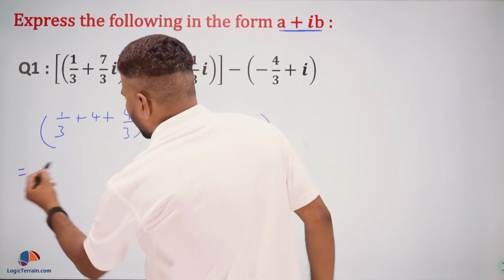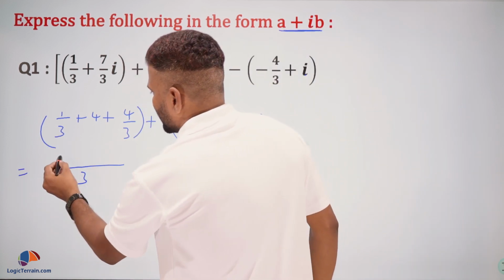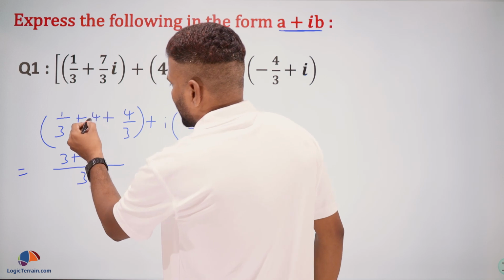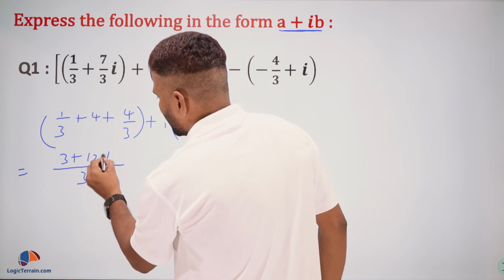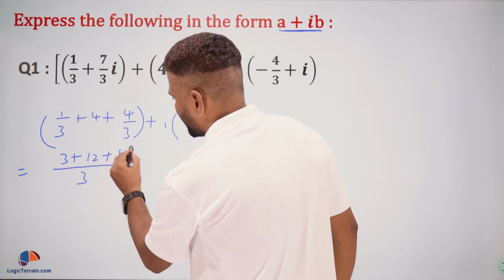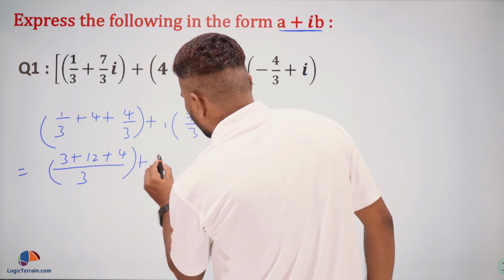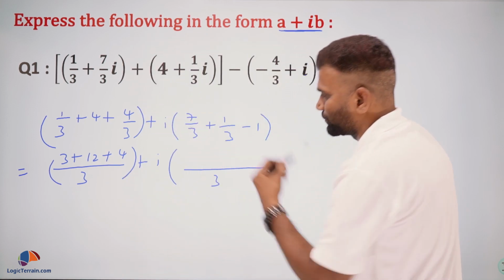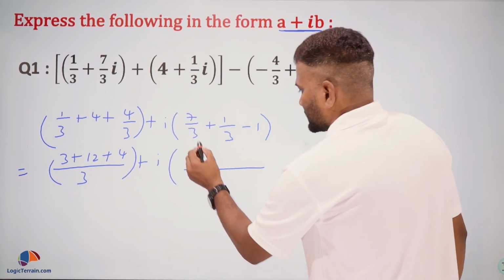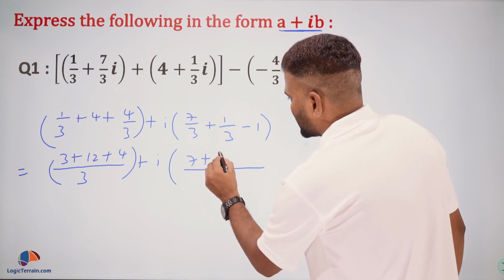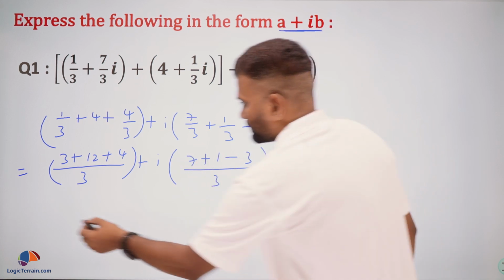Now for adding this, take LCM 3: 3 1s are 3 and 4 3s are 12, plus 3, and 3 1s are 3, 1 4s are 4, plus i of, here also we take LCM 3, 3 and 3 1 time 7 plus 1 minus 3 1s are 3.